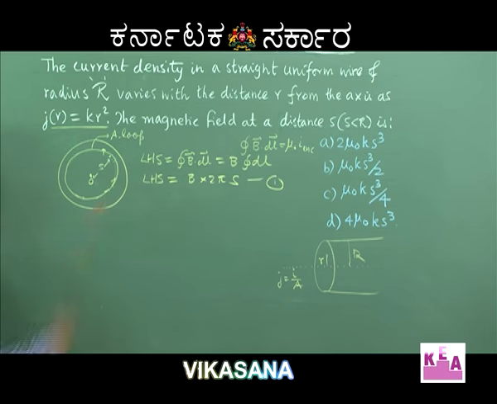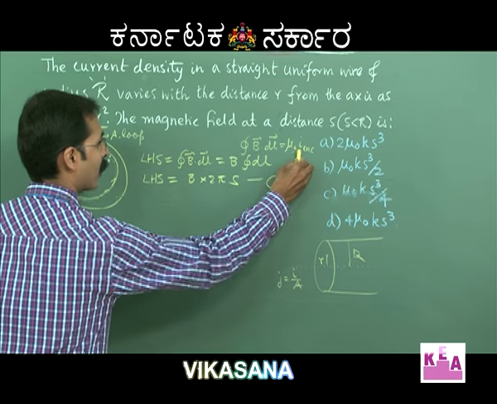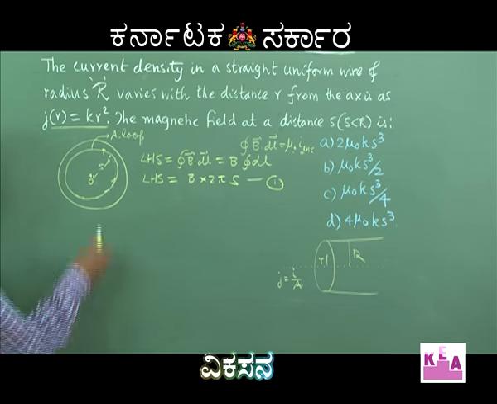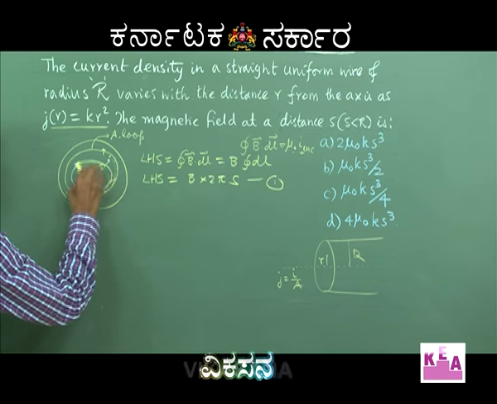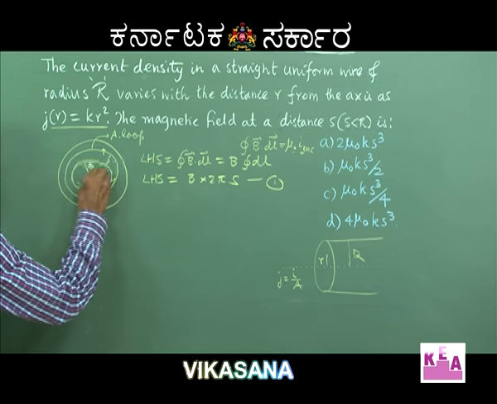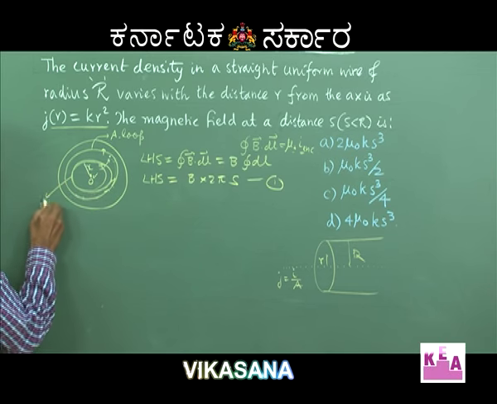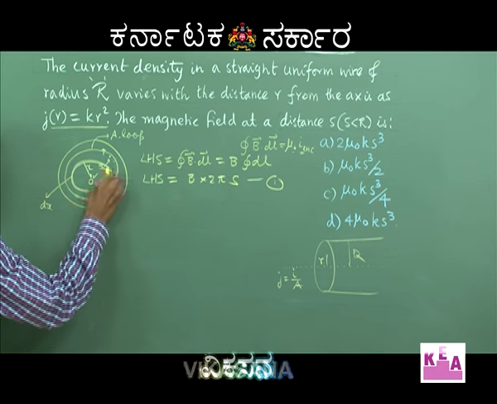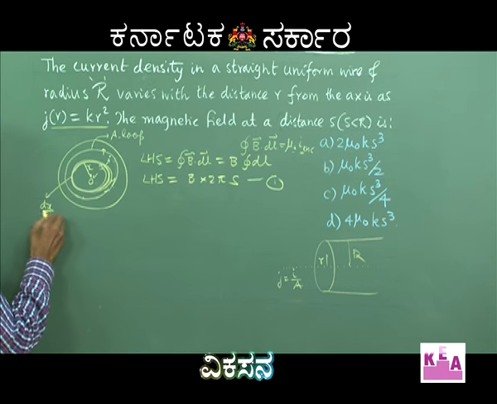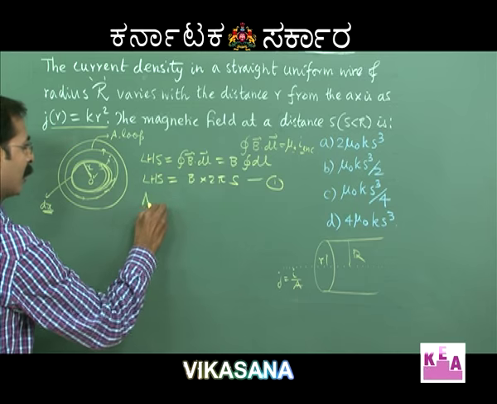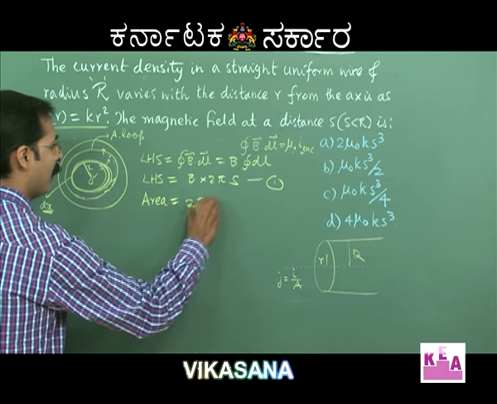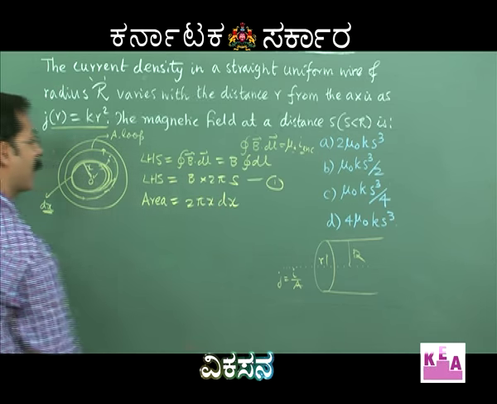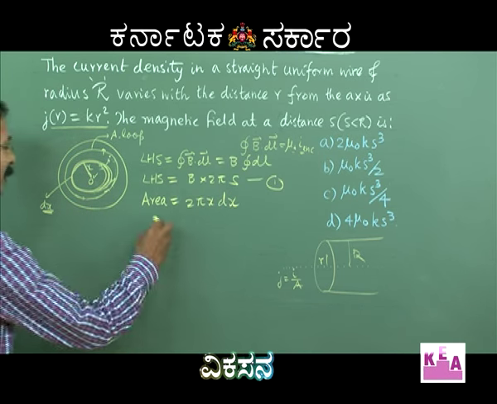Let me calculate the right hand side, mu naught into I enclosed. First I have to find I enclosed. To find I enclosed, I take a very small patch here at a distance x from the center and thickness dx. That is a circular patch of thickness dx and distance x. The area of that patch is 2 pi x dx.